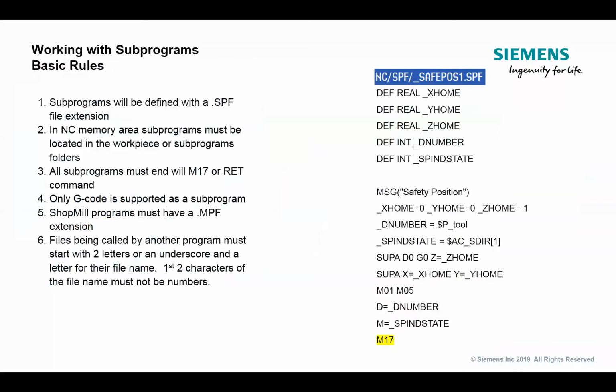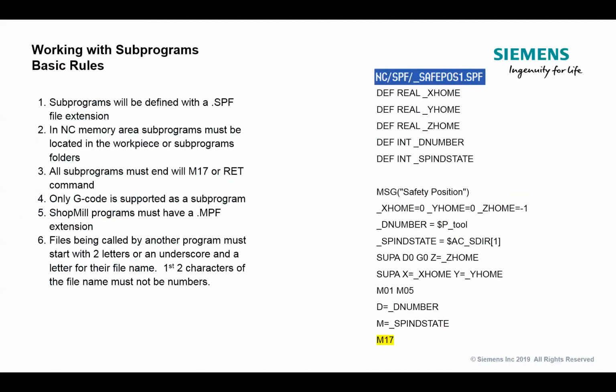So when I talk about subprograms, there's a few rules that come into play to create something that's truly what's called a subprogram. First thing is it's going to have a .spf extension. And with that .spf extension, it has to reside in a couple specific places within our system memory.